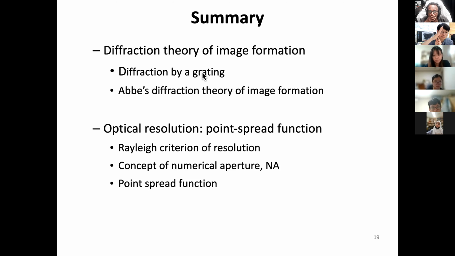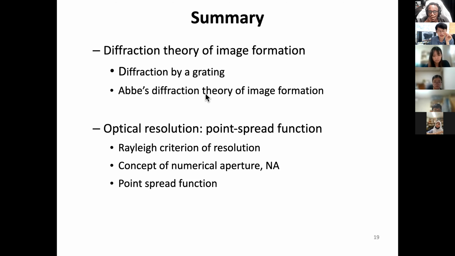To capture that information, you need a bigger lens to capture the diffracted light. That's why a bigger lens, or bigger numerical aperture, will be able to capture smaller features, which means a smaller grating period. And so Abbe reached the conclusion that diffraction is a key phenomenon when we form an image.